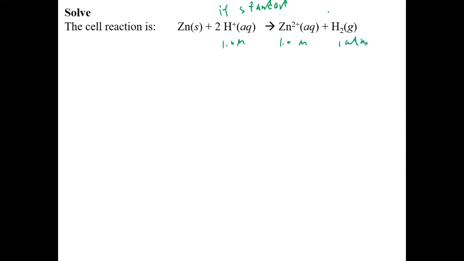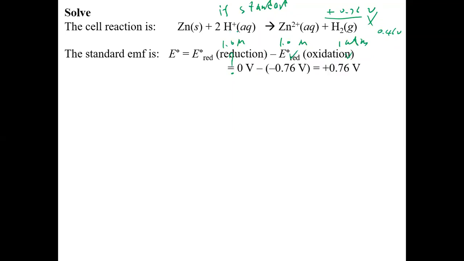Then your cell potential will be positive 0.76 volts. But this question is, this is okay, this is standard, but we don't know this. So therefore, this is not that. I think that is 0.46 volts. So with this information, we can calculate what this question mark is, which is the concentration of H+.